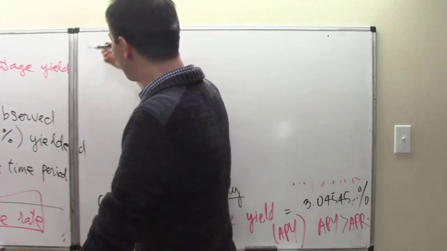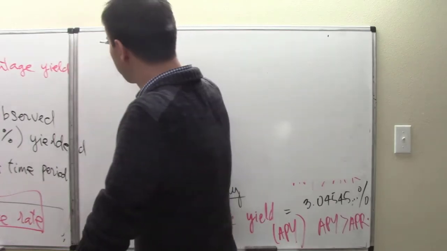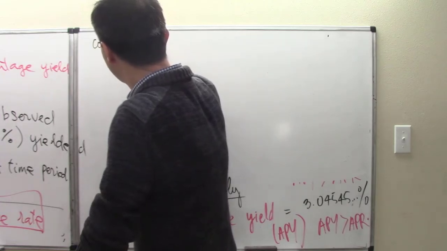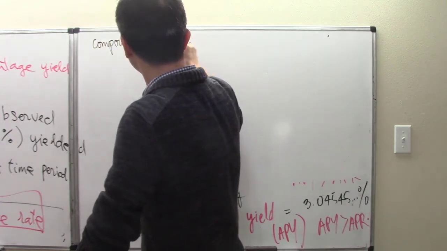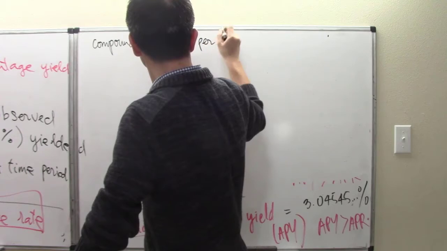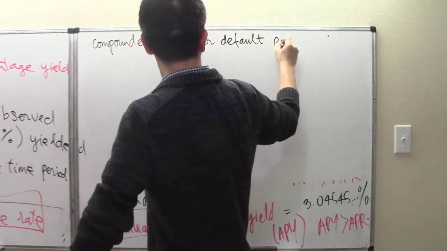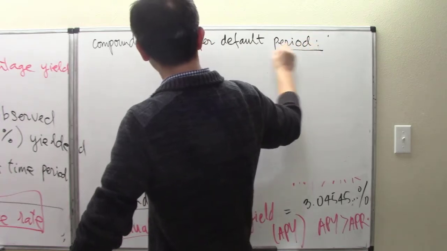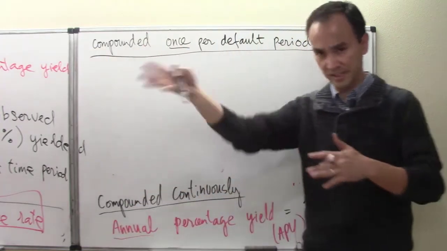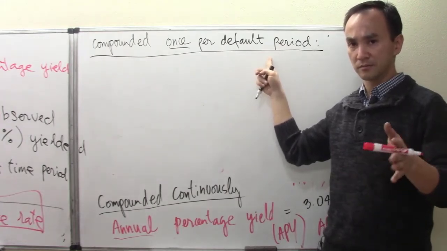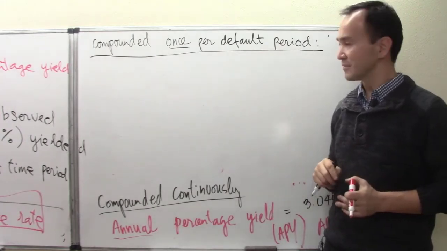So let me bring back that example 1 right here with the data there. How about we compound it once per default period. So in that problem, it was example 1, of course, it was annual.